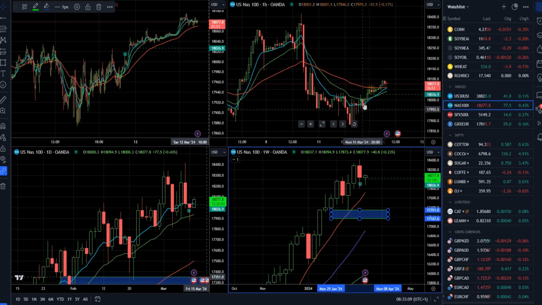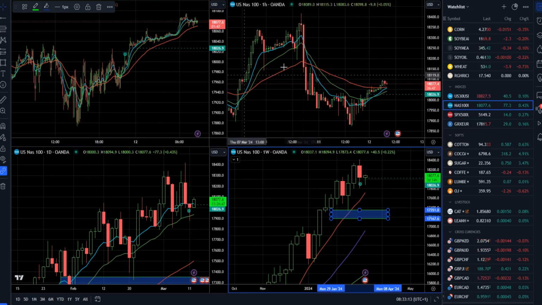Hourly is rallying, so this can all be just a flag. Only in case of a breakout of 18,400 and hold above, we can see a further rally on this market and some bigger directional move.